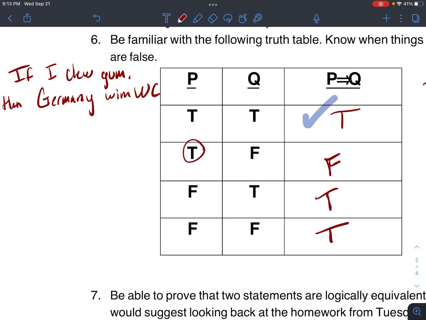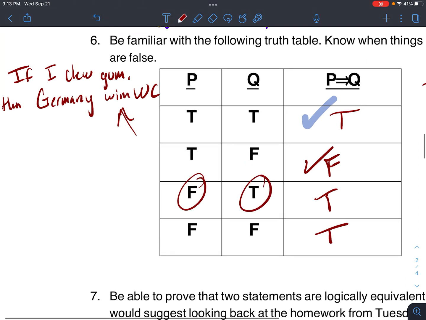Now, if I say, if I chew gum, then Germany won't win the World Cup, that is a direct invalidation of this. So that has to be false. So that's correct. Now, if I don't chew gum and Germany won the World Cup, that's still okay.